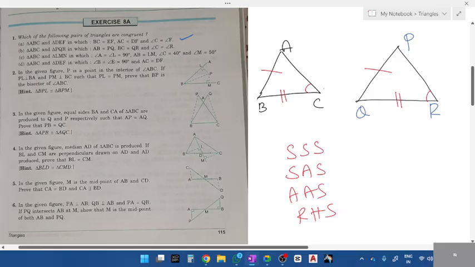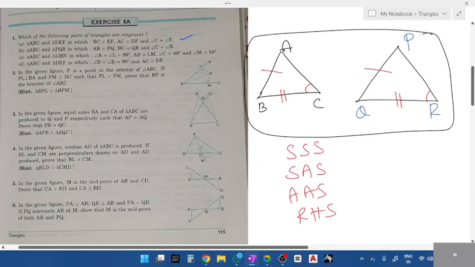How is it congruent? What are the two things given in this? We have two sides and an angle. Where is the angle given? Is it in the center, between the two sides? SAS? Can you apply SAS here? Yes.